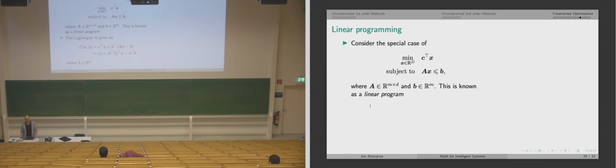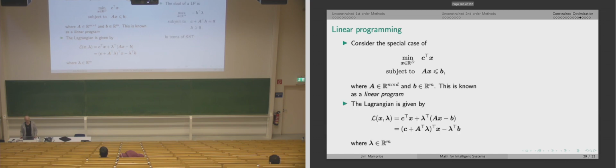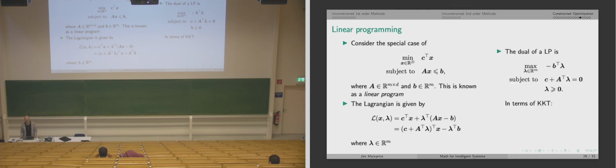And we can compute the Lagrangian of that. Because this is convex, we have strong duality. So it's equivalent to the following dual problem. We maximize with respect to the dual, instead of minimizing with respect to the primal.